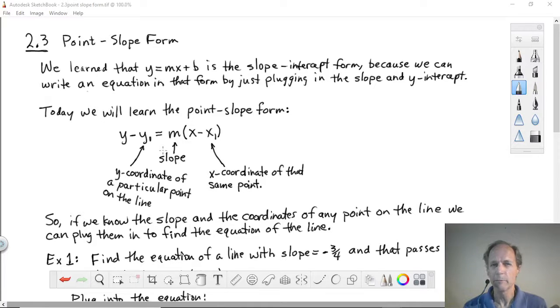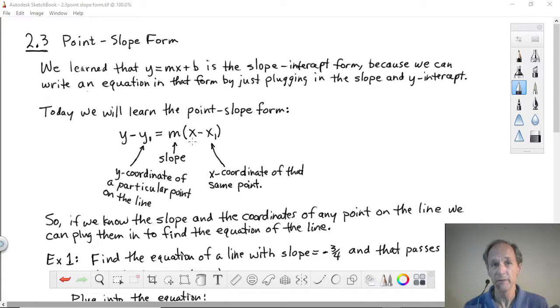I want to point something out to try to get rid of some confusion that often happens, and I remember this confused me when I first learned this. The y sub 1 looks kind of like y, and x sub 1 looks kind of like x, but don't confuse those. X and y are the variables in the equation, and they're going to remain there.